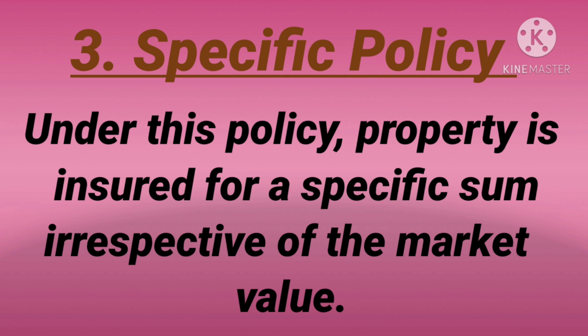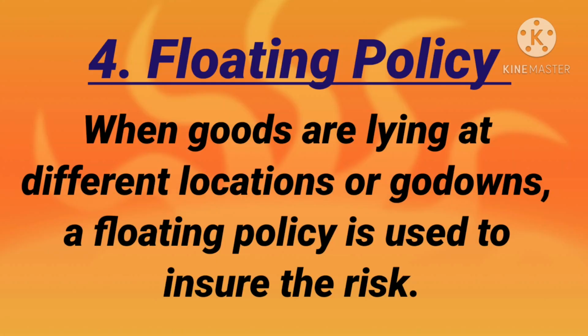The next point, fourth one, floating policy. When goods are lying at different locations or godowns, a floating policy is used to insure the risk. In this case, a specific policy cannot be taken because the quantity of goods lying at different locations keeps fluctuating.